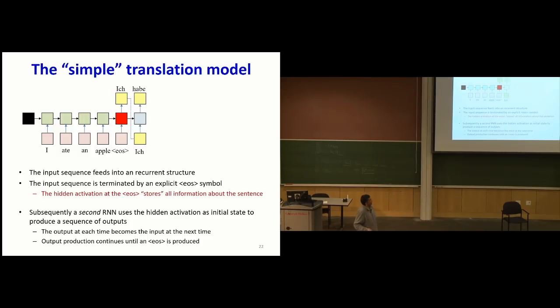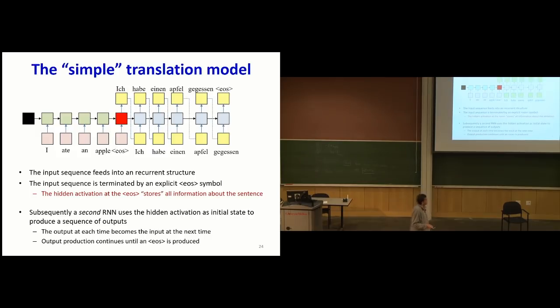And then both the hidden values and the output are fed back into the hidden layer at the next instant, which is going to produce the next output. And this process continues until the end of sentence marker is generated. I still haven't answered your question, but I'll get to it.